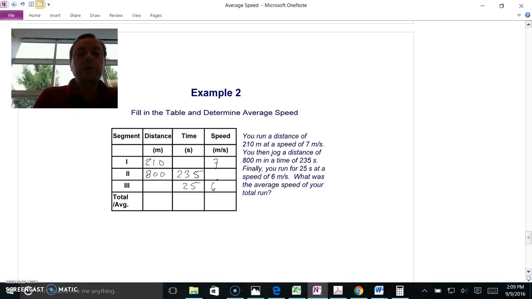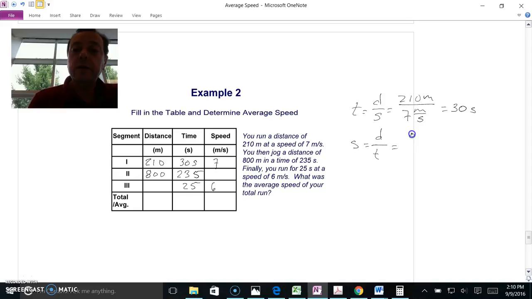So we're missing time for the first interval. Time is equal to distance over speed. So that's 210 meters over 7 meters per second, which is 30 seconds. And for the second interval, we would like the speed, which is distance over time.